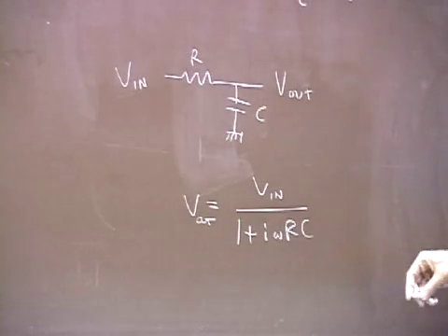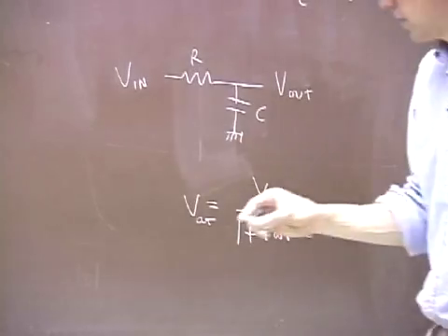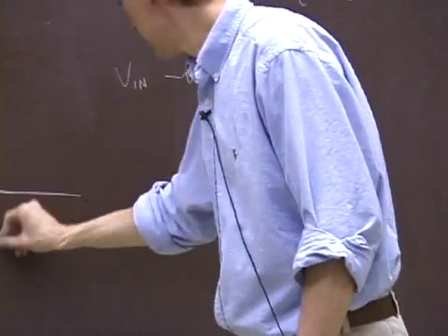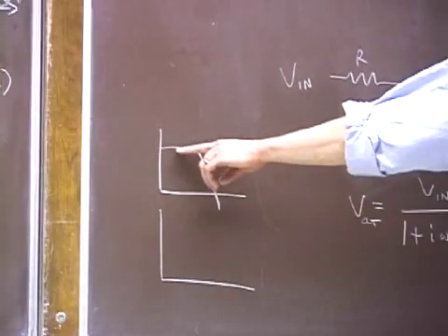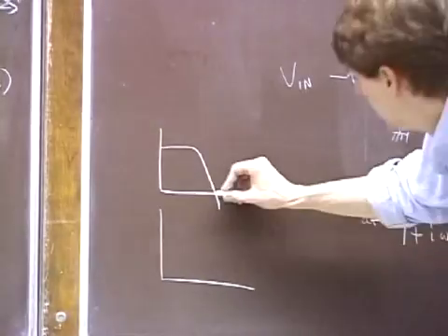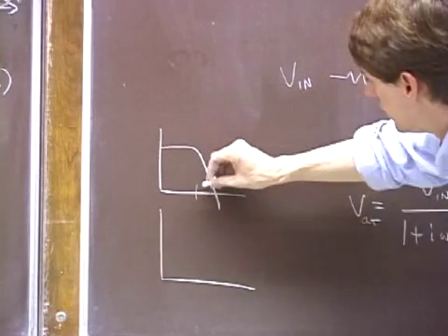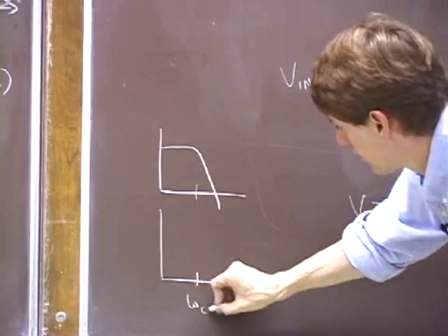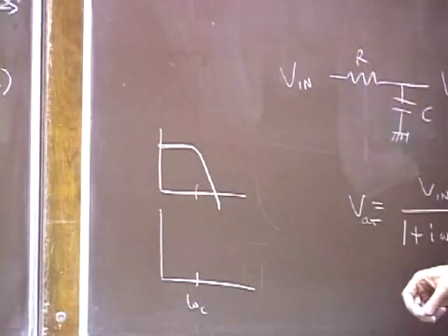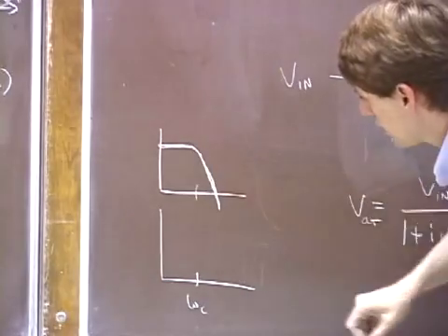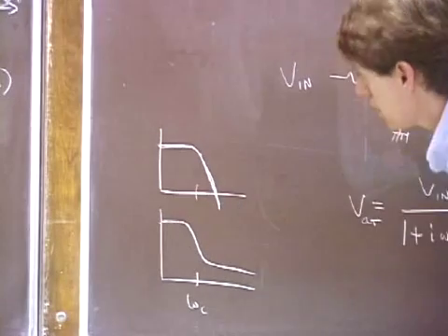If we draw a Bode plot of this, we'll see that at low frequencies, below this cutoff frequency, omega c, the output is exactly the input, whereas at high frequencies, the output trails off, and there's a phase lag associated with this.